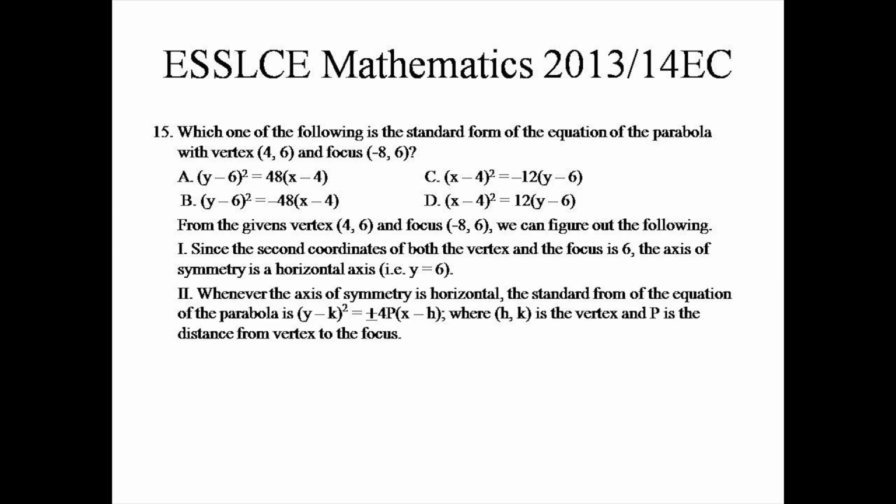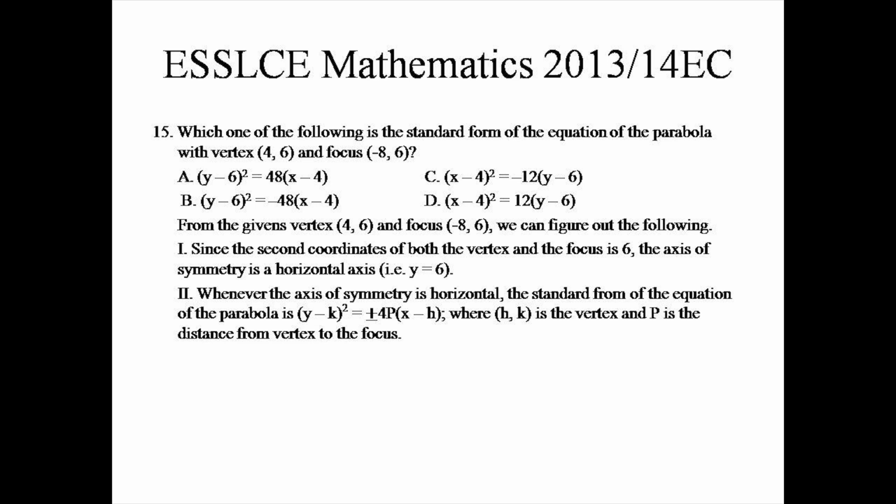Second, whenever the axis of symmetry is horizontal, the standard form of equation of the parabola is given by (y - k)^2 = ±4p(x - h), where (h, k) is the vertex and p is the distance from vertex to the focus.